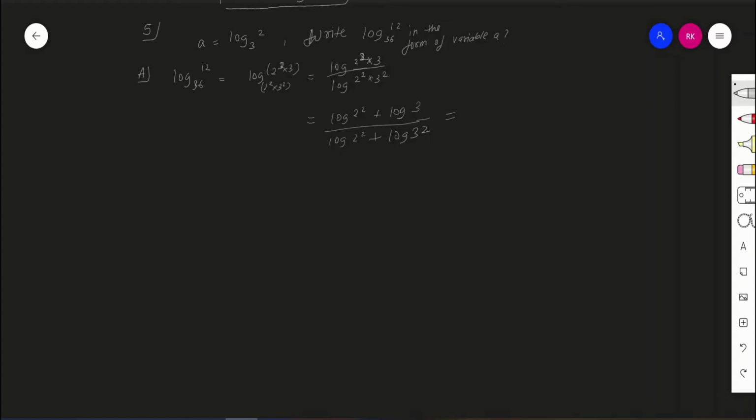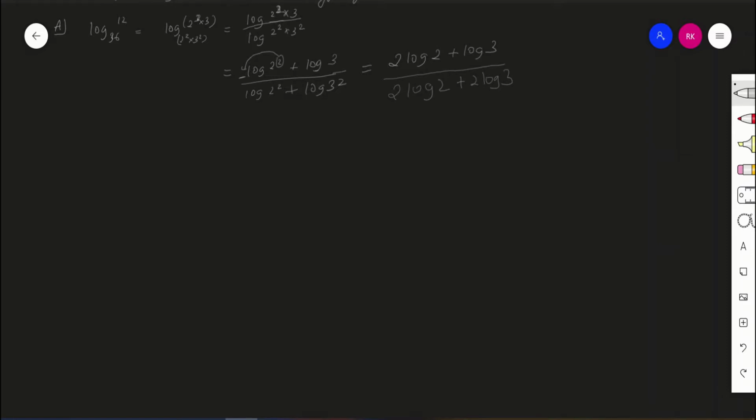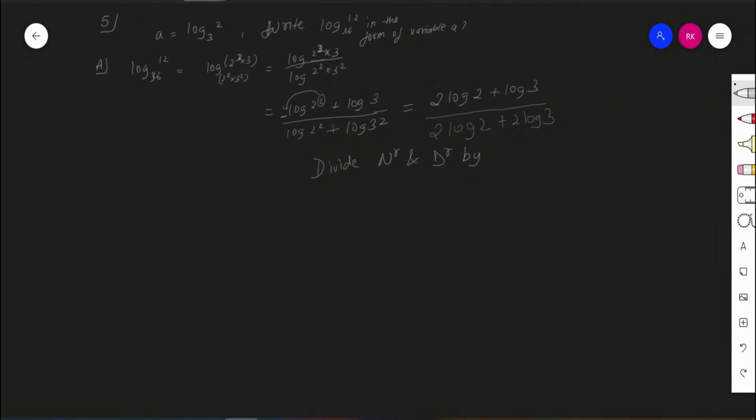Now this exponent is going to come here, so it is going to be 2 log 2 plus log 3 upon 2 log 2 plus 2 log 3, and I'm going to divide the numerator and denominator by log of 3.